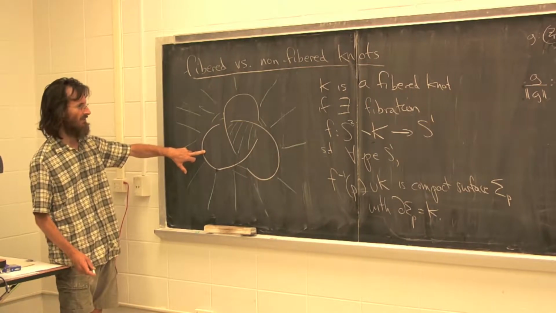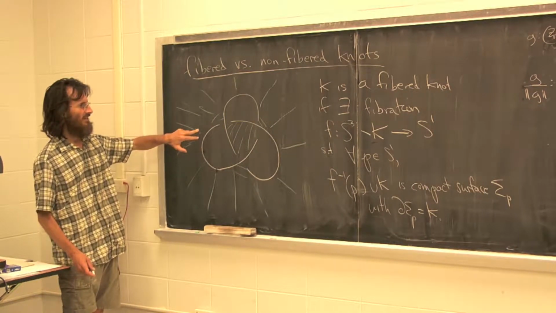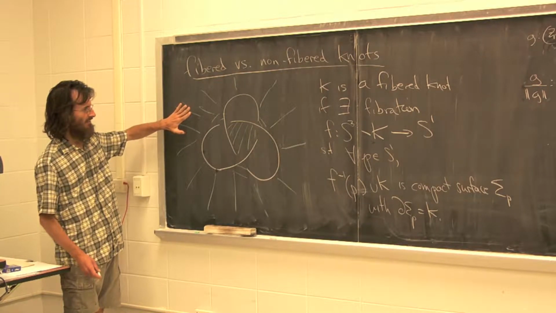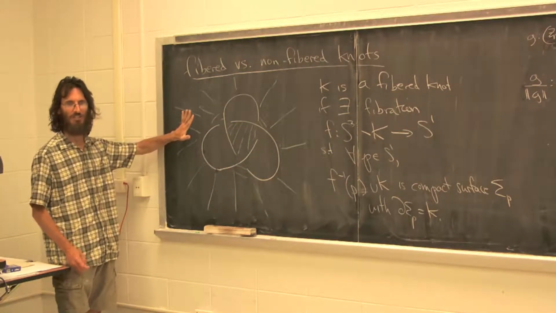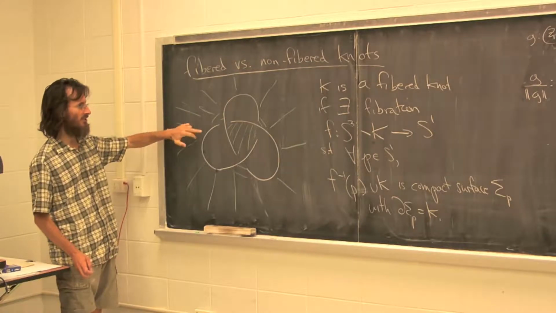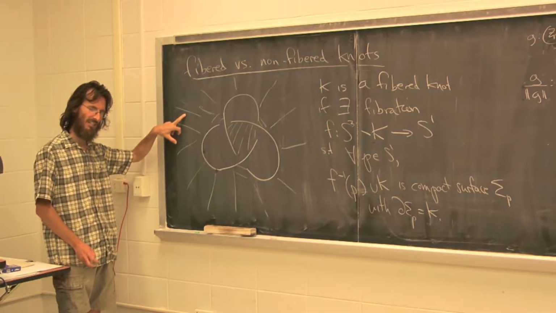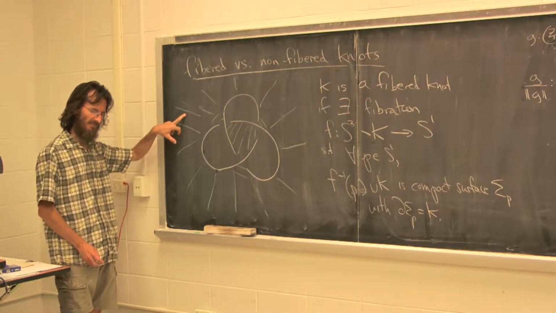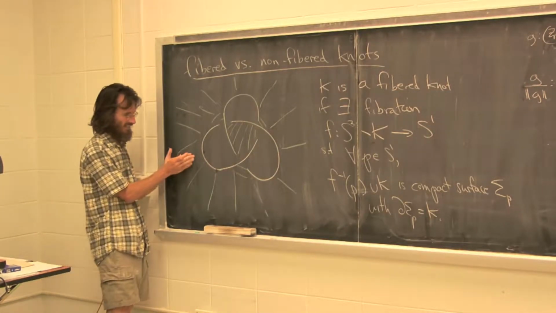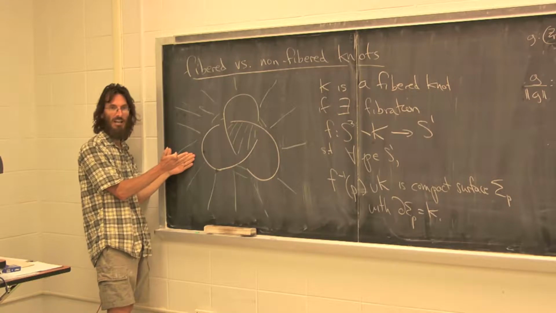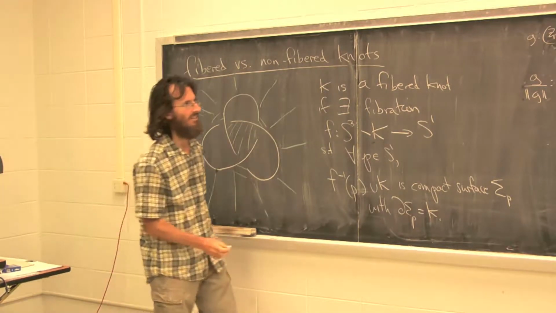So what I want to do is construct, in some sense, a circular Morse function on the complement so that the Seifert surface is a regular level set. First I'm going to take the Seifert surface cross an interval.